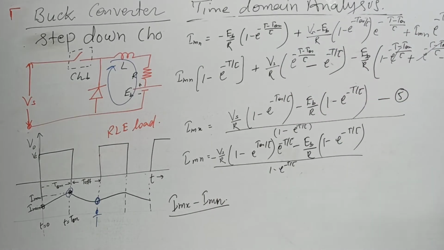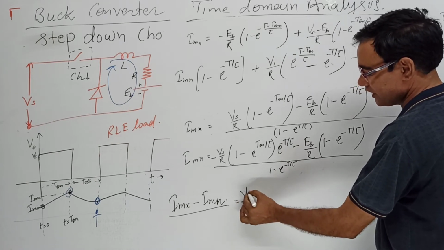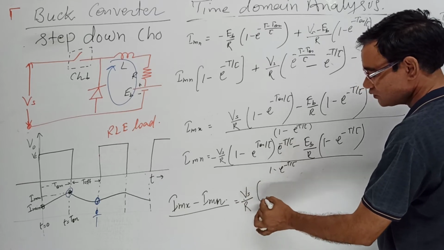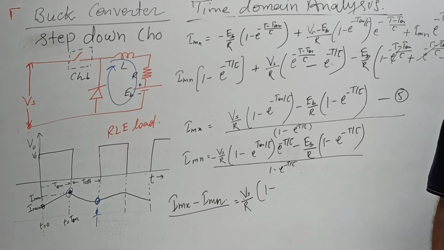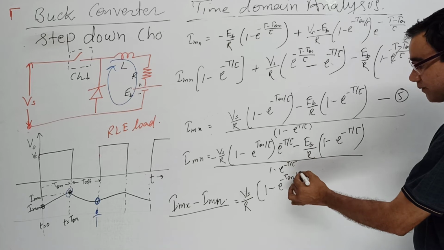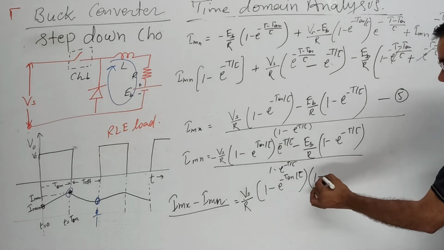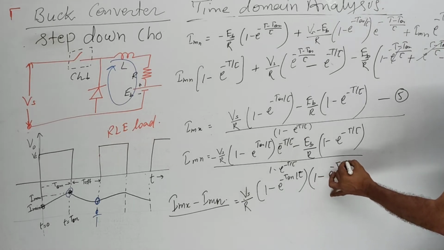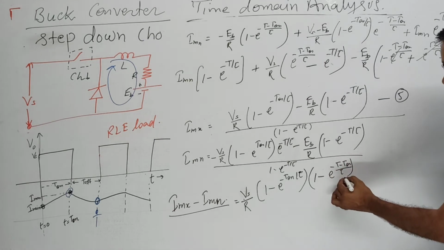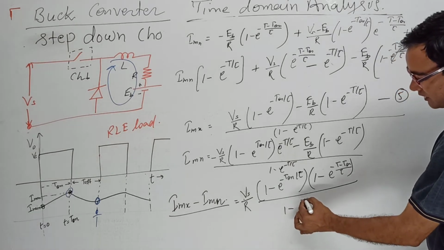So that ripple, if we are calculating, then it is Vs, the source voltage Vs divided by R, 1 minus e raised to power minus t on by tau, into 1 minus e raised to power minus t on by tau, divided by 1 minus e raised to power minus t by tau.